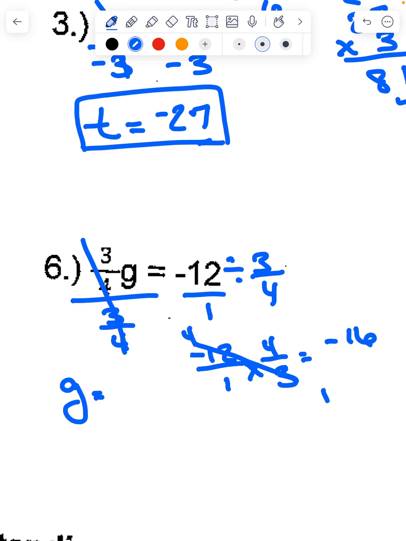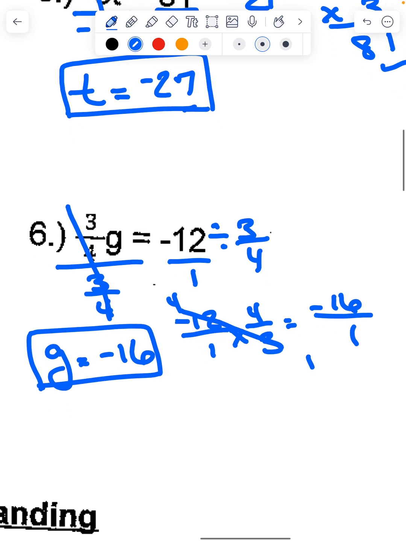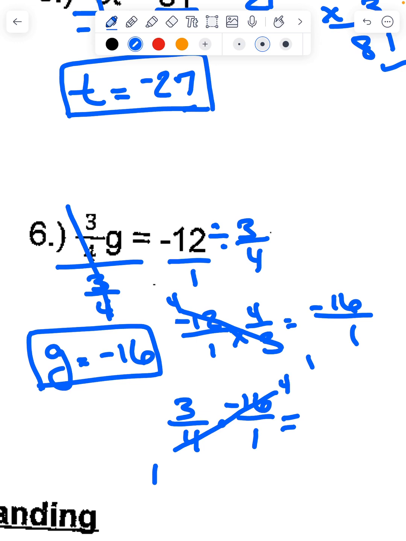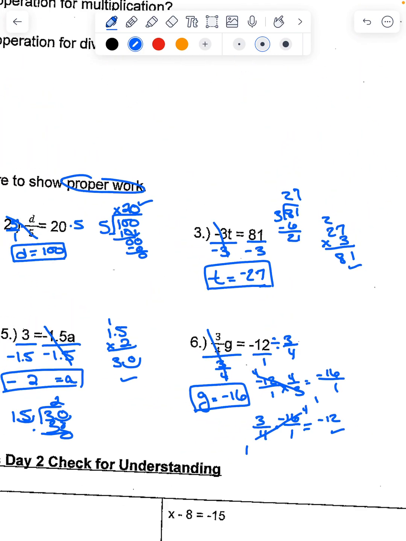So when you multiply straight across, we're going to get negative 16 over 1, which is a negative 16. And then when I plug it back in, I have 3/4 times negative 16 over 1. And we can cross cancel and get a negative 12 over 1, which is negative 12.